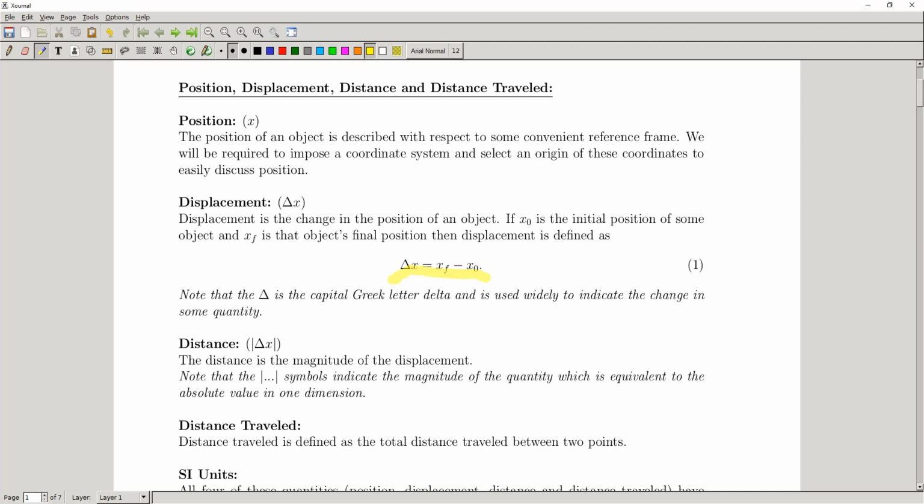Note that this triangle is a capital letter delta in Greek, and in general, this capital Greek delta is widely used to indicate the change in some quantity. So what we're talking about here is the change in x, and the change in x is equal to our final position minus our initial position. That's the definition of our displacement.